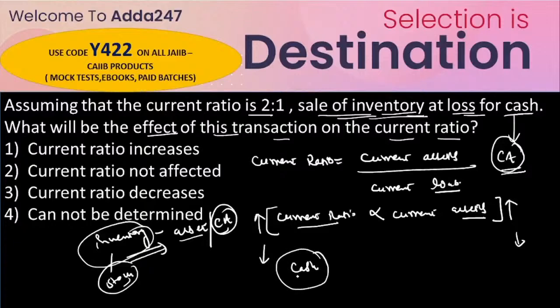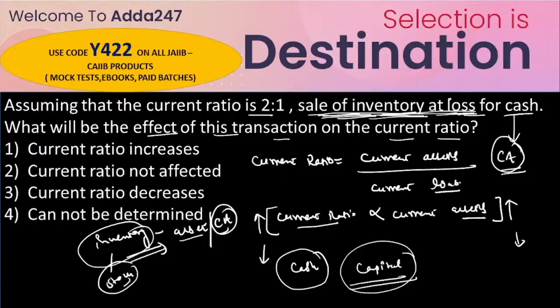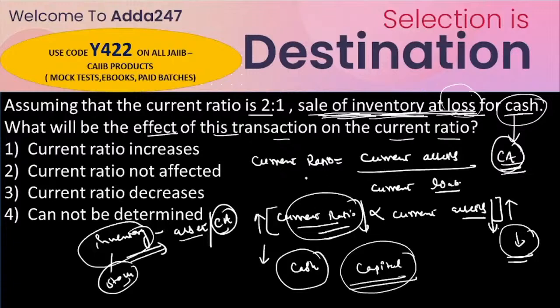Because cash is part of the current assets, our current assets decrease, and if current assets decrease, the current ratio will also decrease. So the answer is that the current ratio will decrease.